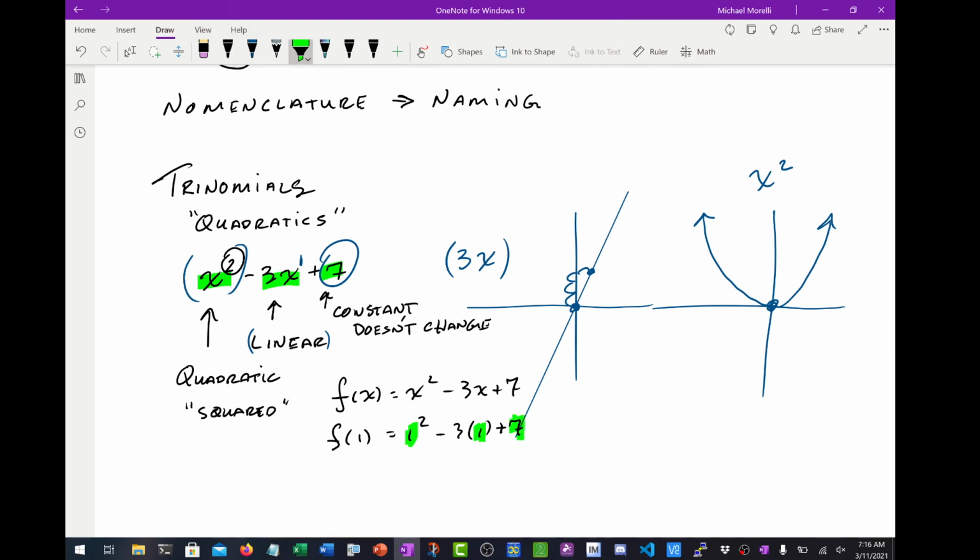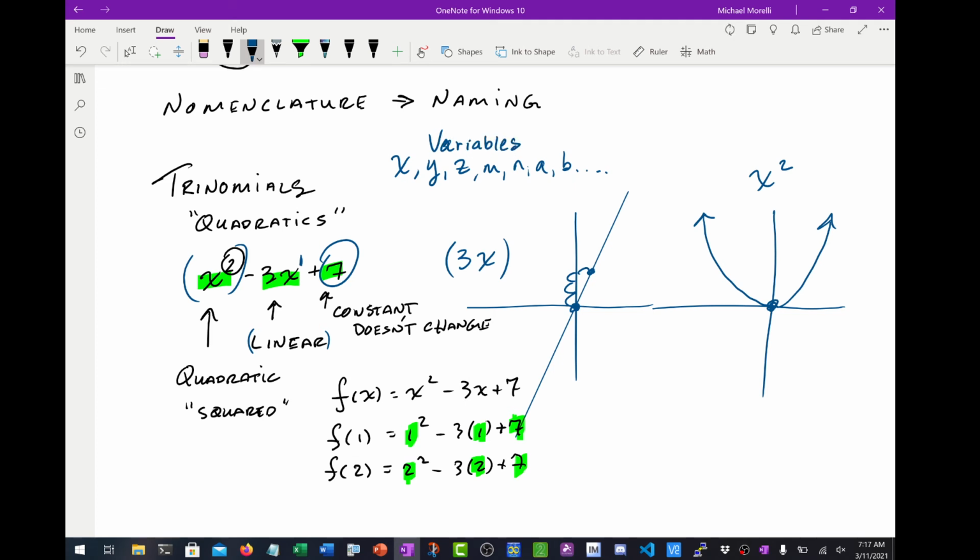But the 7 did not change. Similarly, if we evaluated the function at f of 2, we'd have 2 squared minus 3 times 2 plus 7. And again, the x would change, okay? But the constant wouldn't change. It would still be 7. And that's why we've always referred to x, y, z, m, n, a, b, all these different letters that we use, we call these variables because they vary.